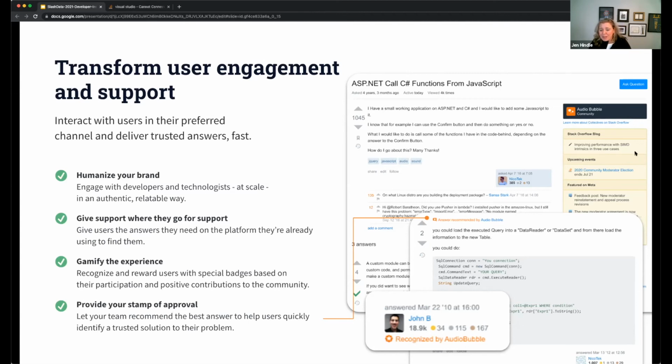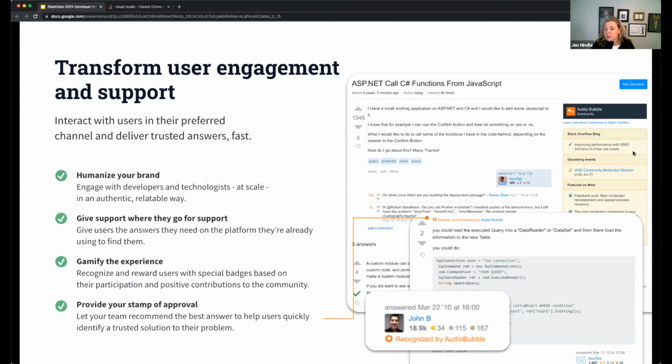And we also allow through collectives, the folks that join a collective, there's a whole leaderboard where the experience is gamified. So the more a user contributes to the community, the higher up the leaderboard they go. And we all really know how much developers love that gamified experience. And this certainly plays right into that.